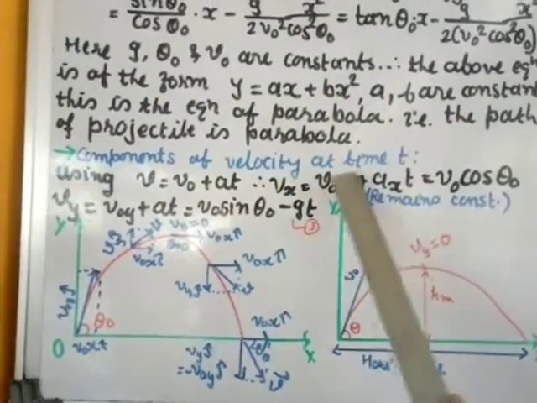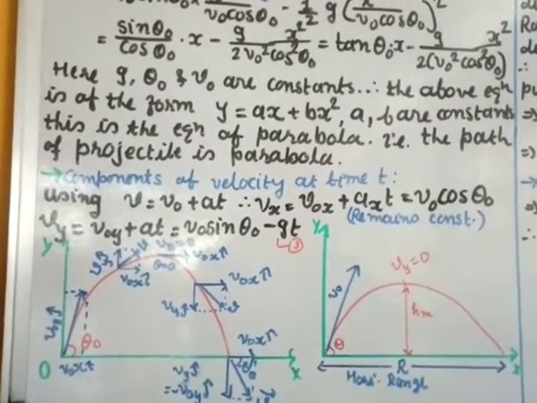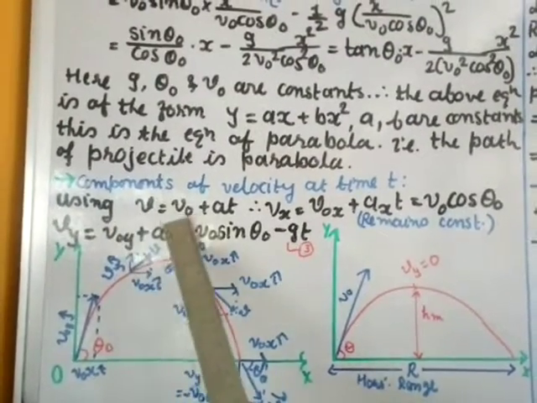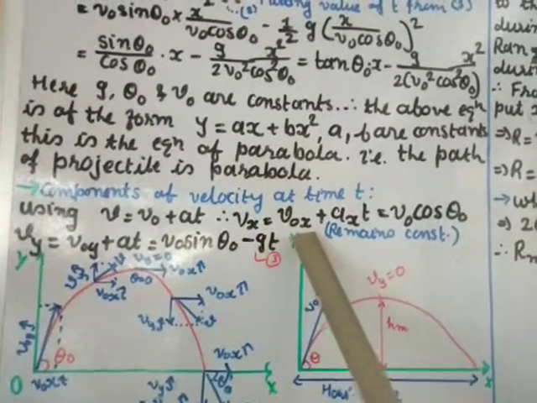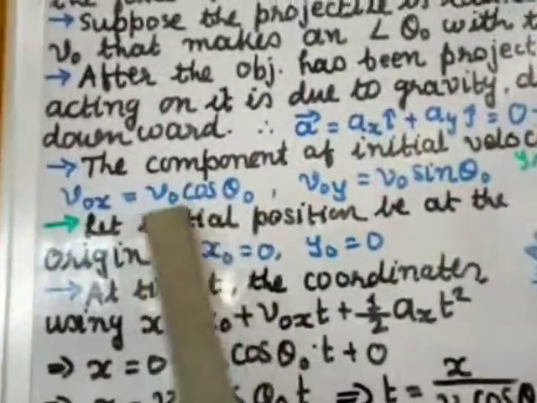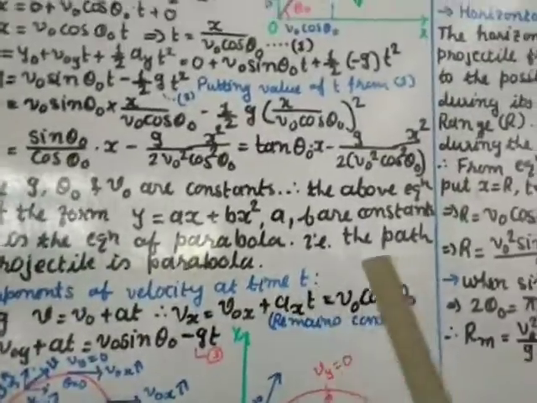Components of velocity at time t. Now we'll write the components of velocity at time t. We use the formula v equals v naught plus at. So for the x component, vx equals v naught x plus ax t. V naught x value is v naught cos theta naught, and ax value is 0, so this term will cancel.